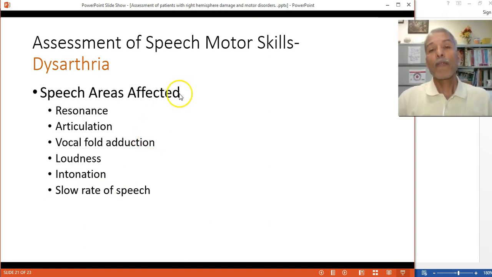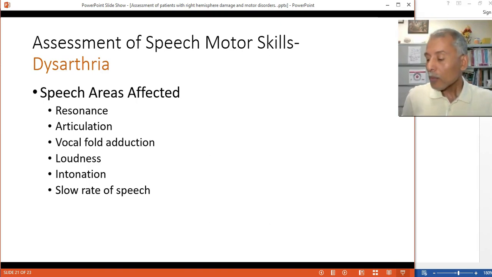The areas of speech affected in dysarthria. This is not apraxia, this is dysarthria. Resonance. When you speak about resonance, we refer to how the air inside of your vocal tract vibrates in response to your vocal fold vibration. That is resonance. And it has to do with the shape of your vocal tract and the configuration of your vocal tract.